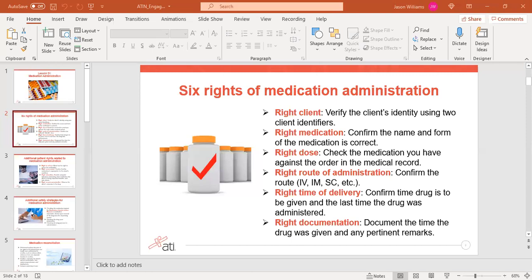R equals right route. T equals right time. I equals right identity. And M equals right medication.